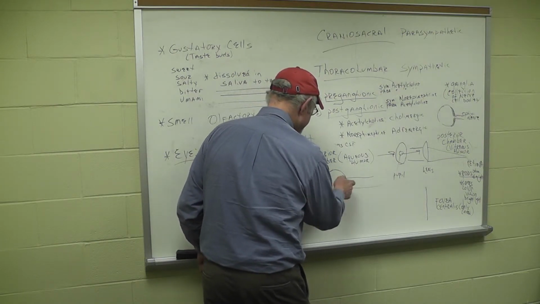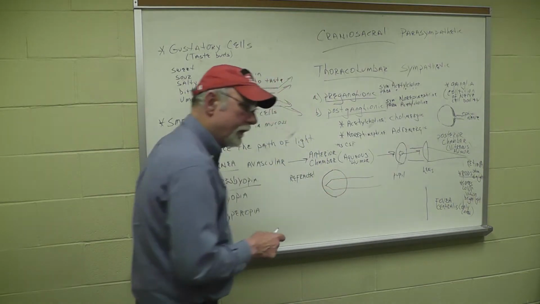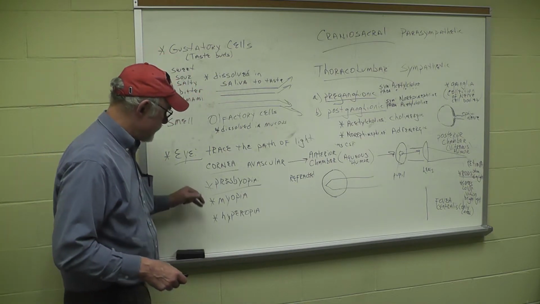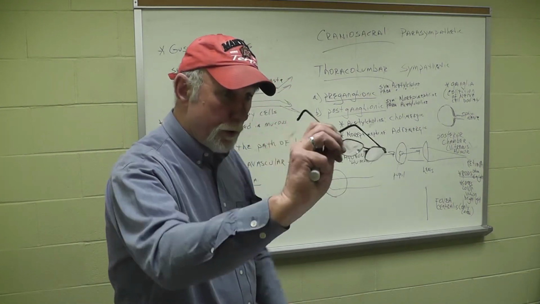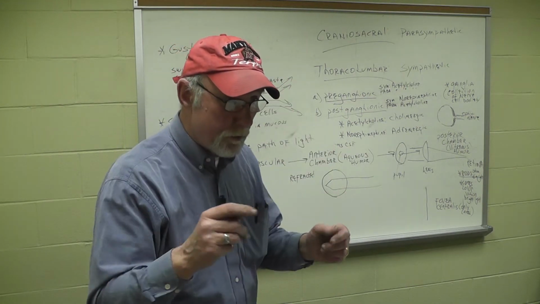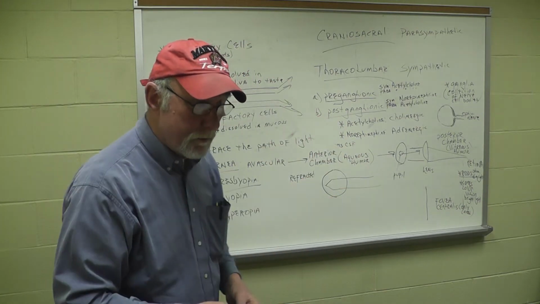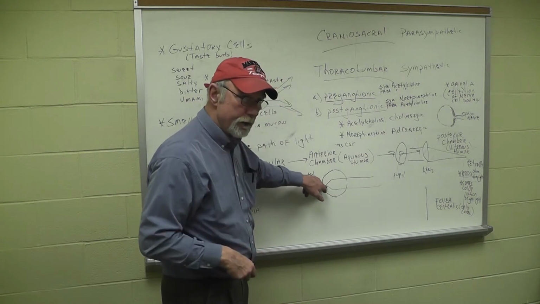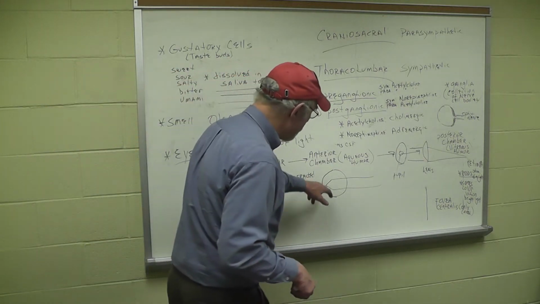And so when the light comes in and it gets bent, it gets focused in front of the retina. So what do you do to correct these different changes in the globe? You put another lens in front of the cornea to properly refract the light, so that instead of being focused in front of the retina, it's on the retina. Or instead of being focused behind the retina, you get focused on the retina.